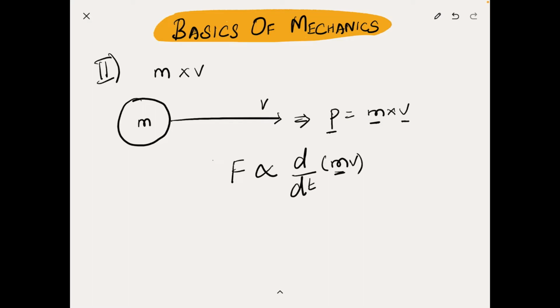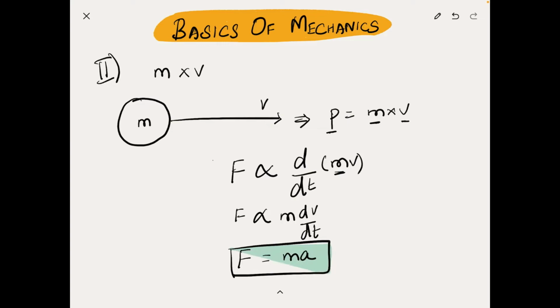Considering the mass as a constant, we can safely write F is directly proportional to m times dv by dt, where v is the velocity of the moving object, m is the mass, and F is the force applied on the body. From this equation, dv by dt is the rate of change of velocity, which is also known as acceleration. So we can write the force applied on a body is equal to mass times acceleration.